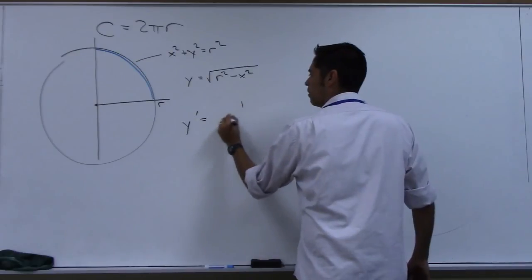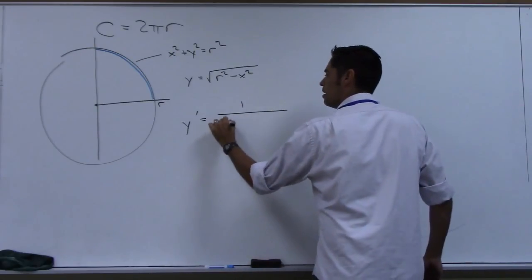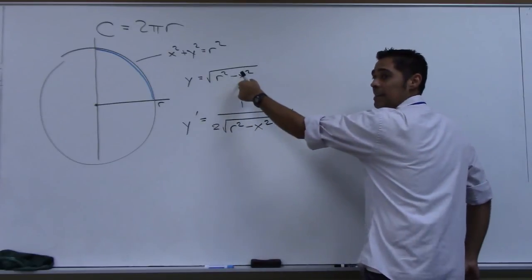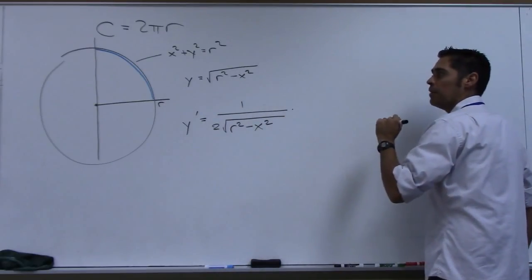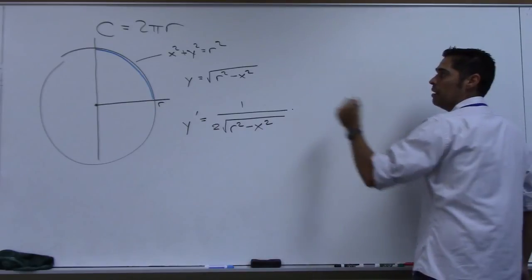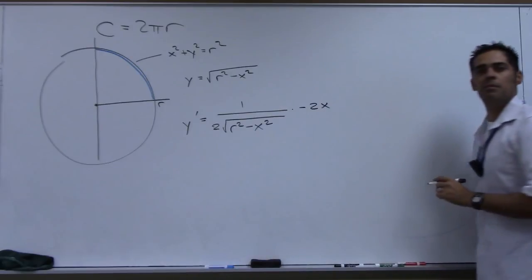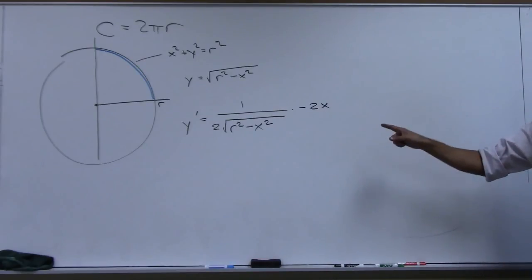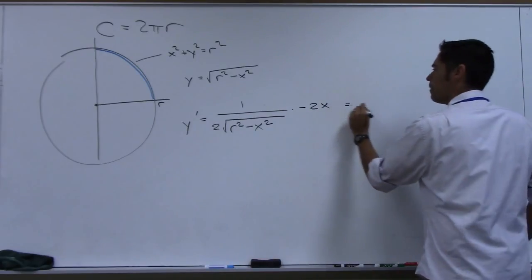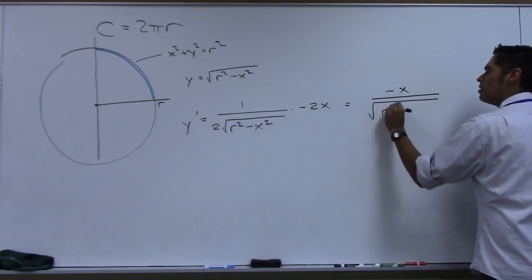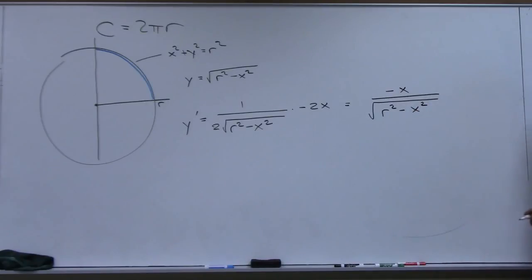Well, derivative of the root of something is 1/2 times the root of that something, times the derivative of what's in here. Careful, r is a constant. Right, derivative of r squared, 0. Negative 2x. That's the derivative. Clean that up. Negative x over root r squared minus x squared, yeah?